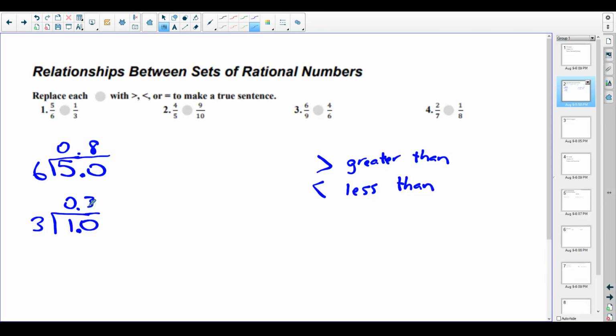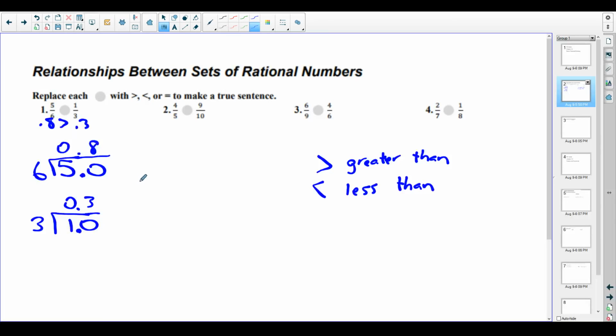And now if I look at them, what is bigger, 0.8 or 0.3? And then you can see, well, 0.8 is bigger. So I'd use my greater than sign. So I'd say 0.8 is greater than 0.3. And that's all the problem requires. So we don't need exact decimal values. We just need enough to determine which one's bigger. Okay? So that's one way to do it.